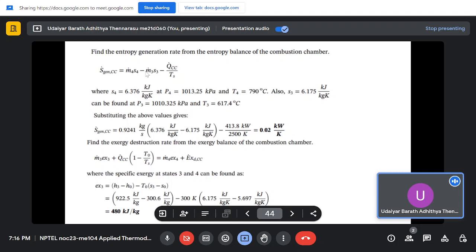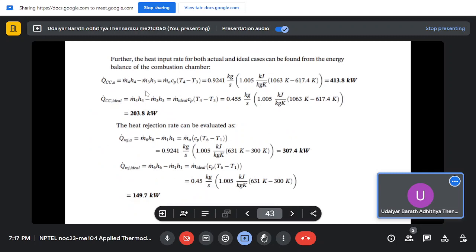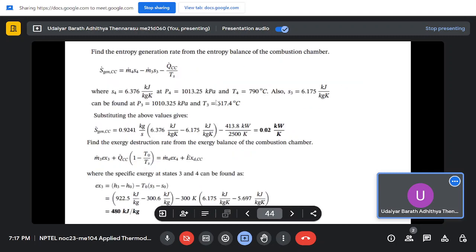So m dot 4 S4 minus m dot 3 S3 is the entropy going out minus coming in, minus the heat added, QC by TS. At state 3 and at T4, your entropy S4 is 6.376 kilojoule per kg Kelvin, and S3 is 6.175 kilojoule per kg Kelvin, for the corresponding pressure and temperature.